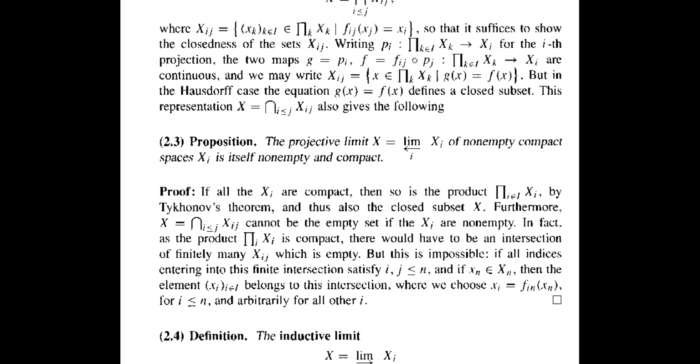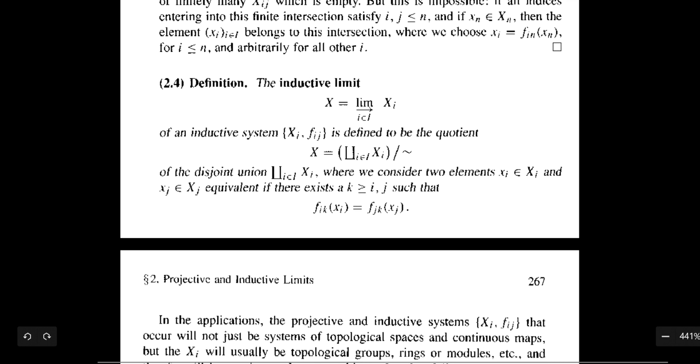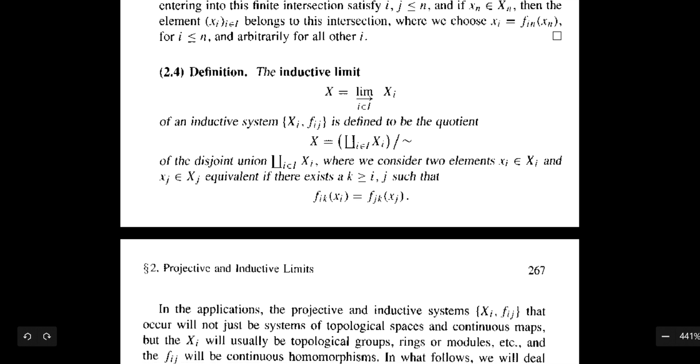The projective limit of non-empty compact spaces is itself non-empty and compact. So the projective limit of compact spaces is again compact. There are some properties we go through with it.